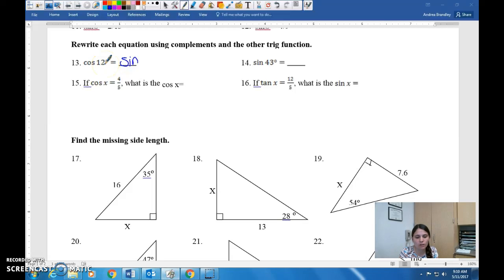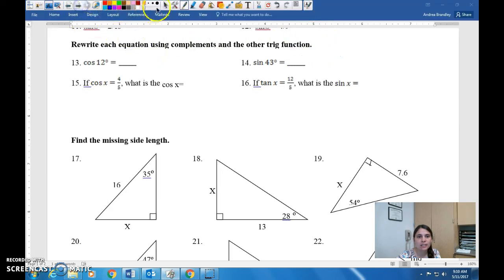So what plus 12 is 90 is basically what I'm looking for. So if I just do 90 minus 12, that gives me 78. So the cosine of 12 is equal to the sine of 78. And then it's that same idea on number 14. The sine of 43, well, that would be equal to the cosine, and then 90 minus 43 is 47.